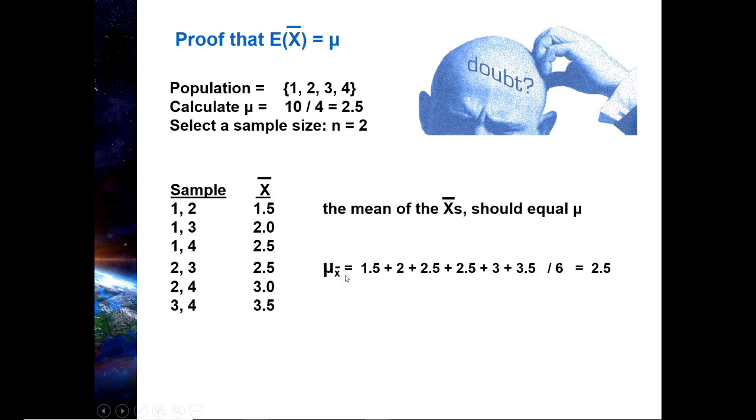Now, we put here as a symbol the mean of the means. This is a little sub X bar, telling us what we're calculating the mean of. So the mean with sub X bar means the mean of the means.